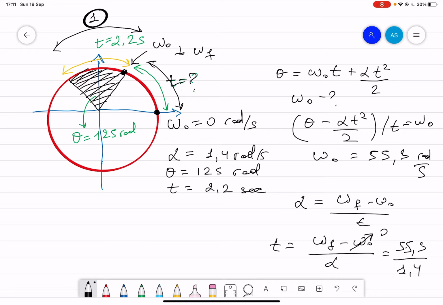If you do the calculation, you should get 39 seconds. So that's it.